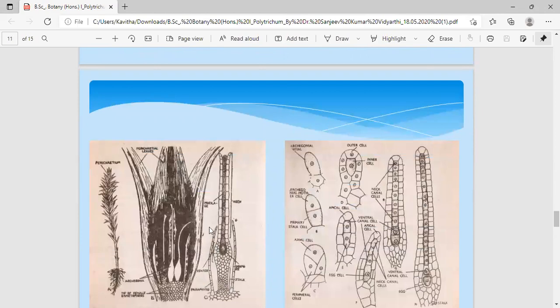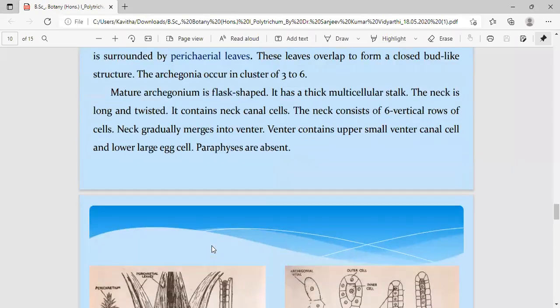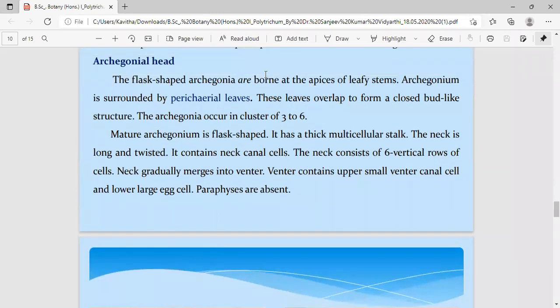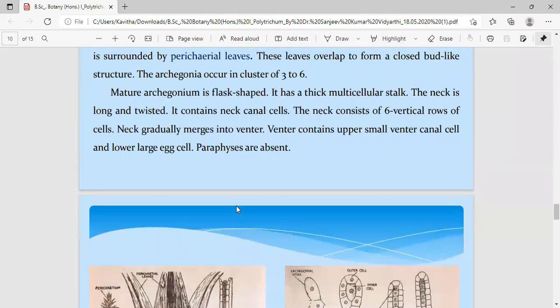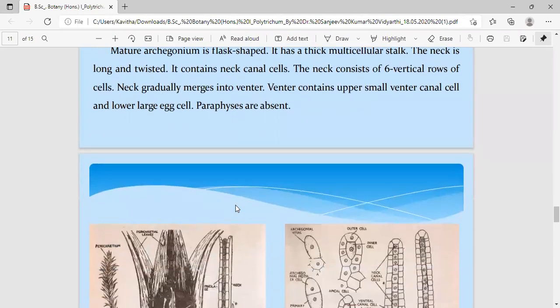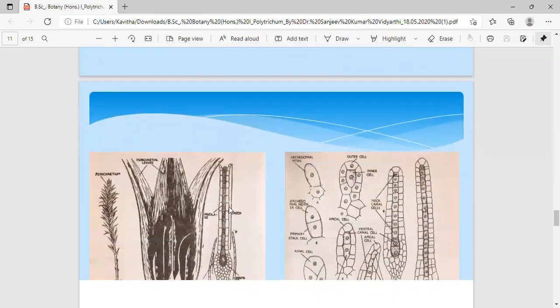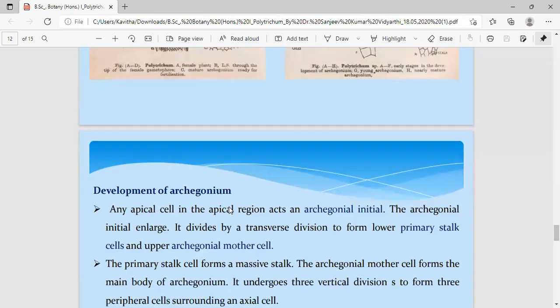So this is the structure of the archegonia in the archegonial head. Another important point of this archegonial head is that the leaves surrounding the archegonia are called perichaetial leaves, and we do not find any paraphysis, the sterile leaves. We can't see such structures in the archegonial head.